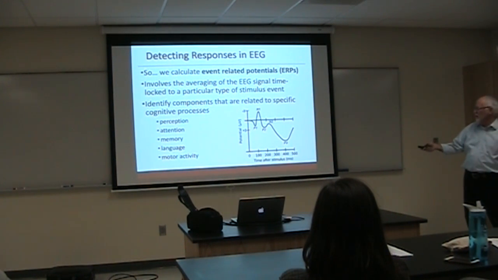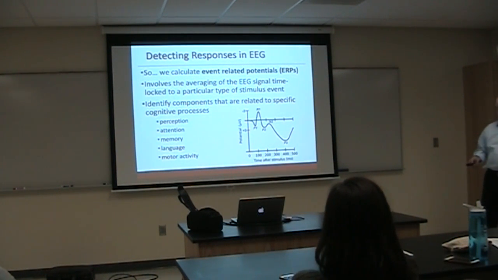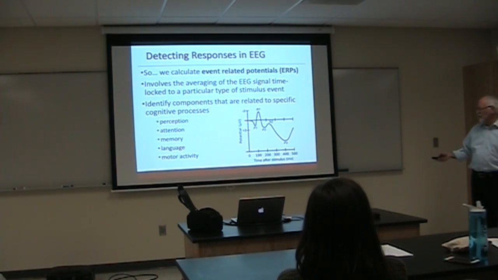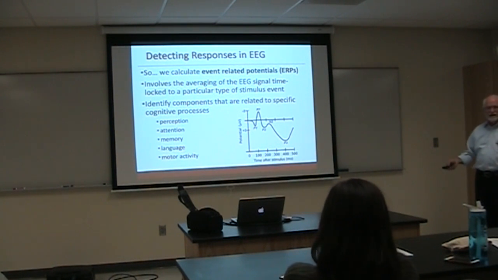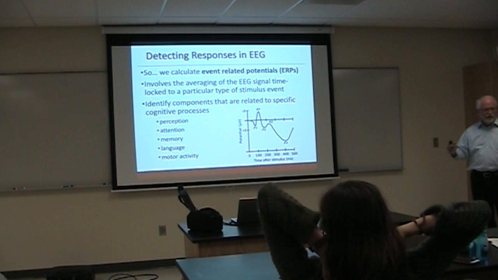So here we have P1, P2, and P3. P3 has been studied a lot in terms of cognitive processes. It seems to have something to do with memory updating or noticing that something has changed in a visual display. And then the negative components haven't been studied as much, but one that I'm going to talk about occurs at about 400 milliseconds after the onset of the target, whatever it is, a flash of light, a sound, whatever.